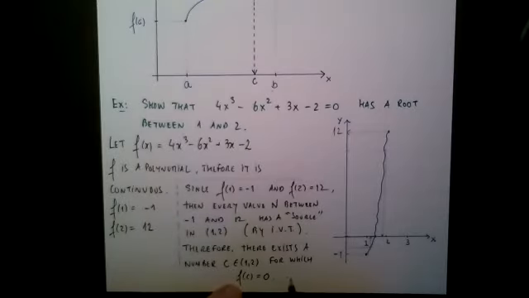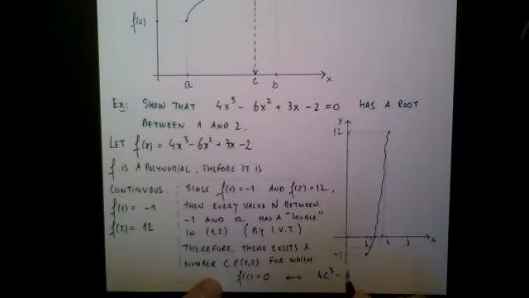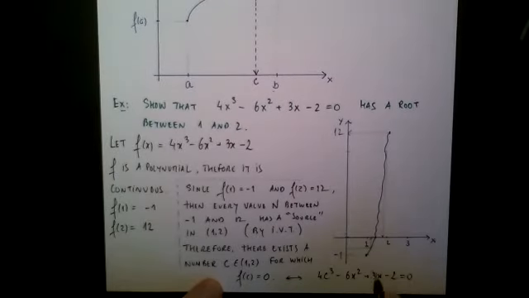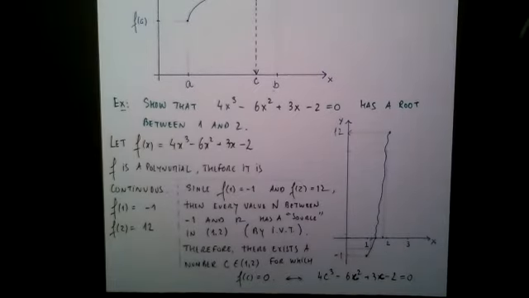And this means that for C cubed minus 6C squared plus 3C minus 2 equals 0. So there is guaranteed a root in the interval 1, 2. That's it. That's the intermediate value theorem.